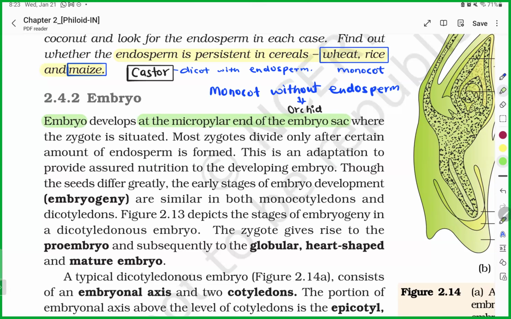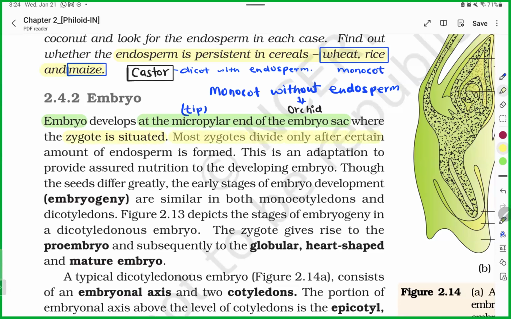Chalazial end is the base, so you can say micropylar end is the tip. And fusion of the gamete will occur through the micropylar end only. So if fusion occurs at the micropylar end, where should the zygote be present? Micropylar end only. Correct.